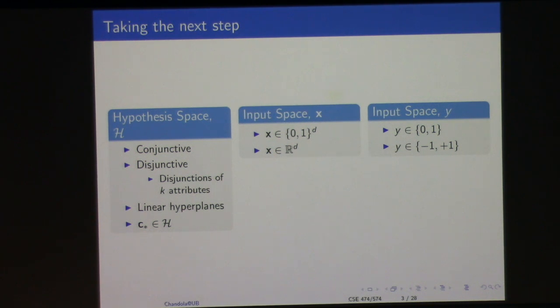Then we will relax it further and say, what if y can take infinite values? Instead of coloring it red or blue, or red, blue, green, what if Mother Nature colors it in different shades of red? Then you have to find out the right shade for a new object. That's called regression, which we'll look at later. But today we are going to work under this set of assumptions.